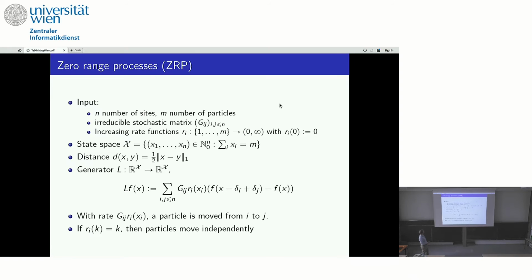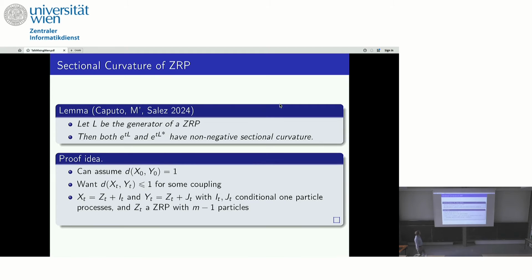Okay, now the proof idea for this zero range process having non-negative sectional curvature goes like this. You take some state with m particles, and you take two of them, which have distance 1 to each other.